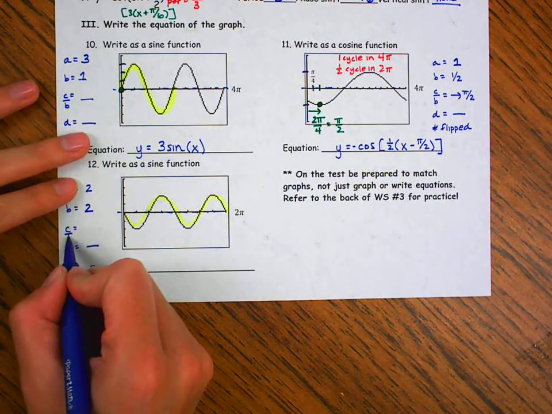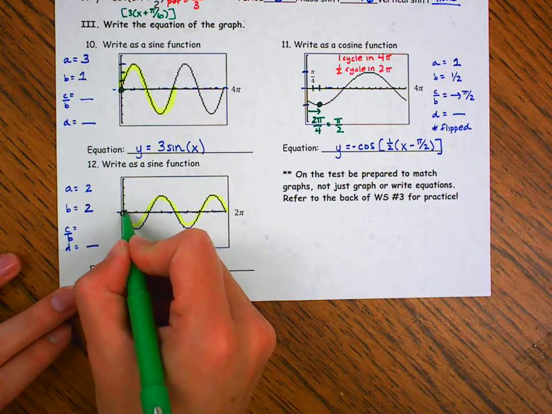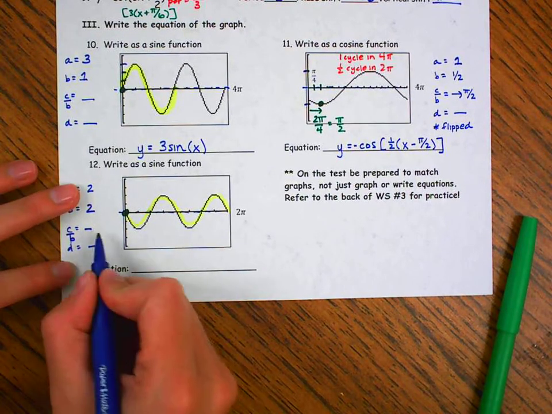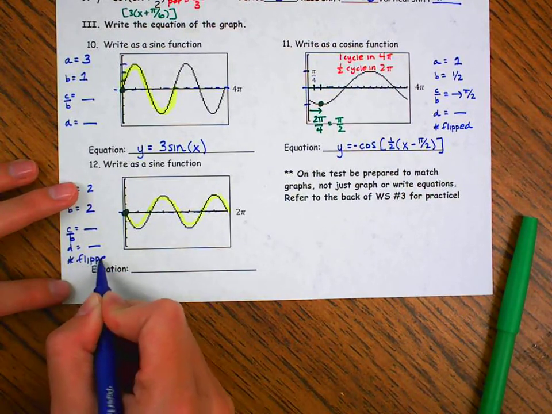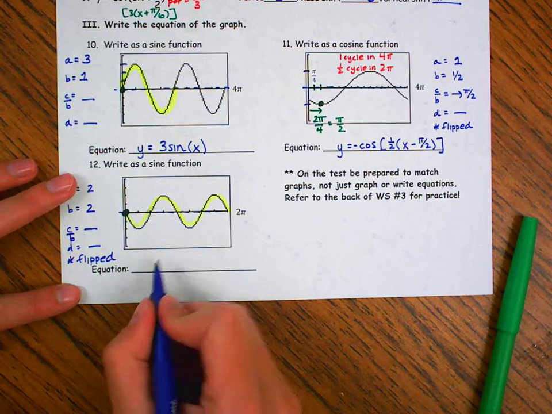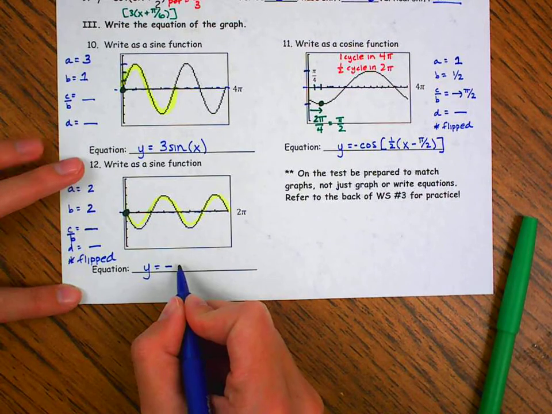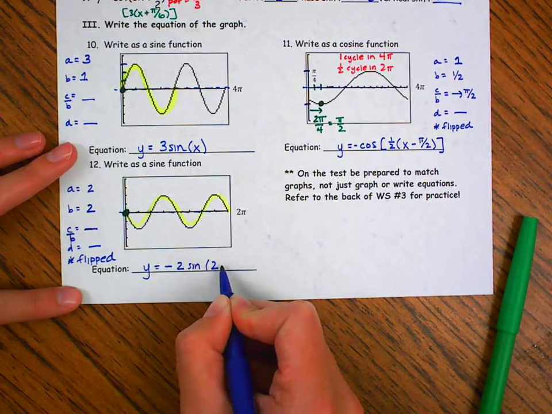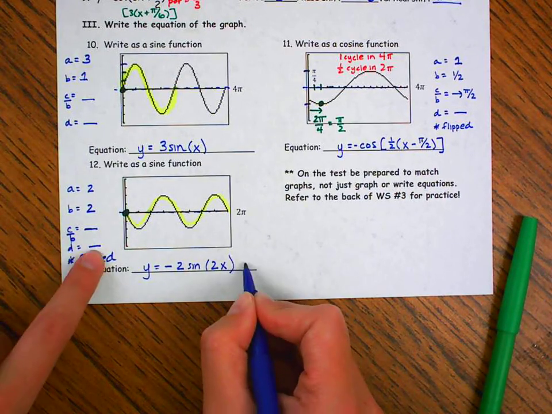My shift, let's think about where sine starts. Sine starts at the middle, so there's no phase shift, but I'm going down first, so it's flipped. So I'm going to have y equals negative, because it's flipped, 2 sine of 2x minus nothing plus or minus nothing.